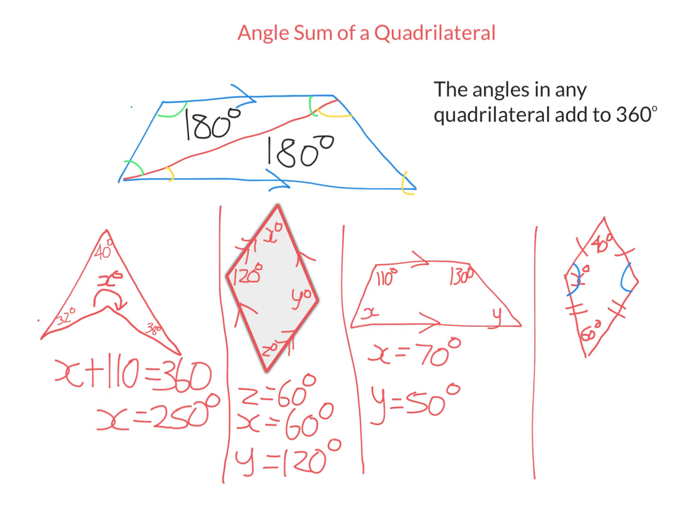I know that these two angles must therefore add up to 260 because all four angles must add to 360. So I'm going to call this angle over here X. So X plus X, 2X, must be 260 because 260 plus 40 plus 60 gives 360. So X is just going to be half that, or 130 degrees.